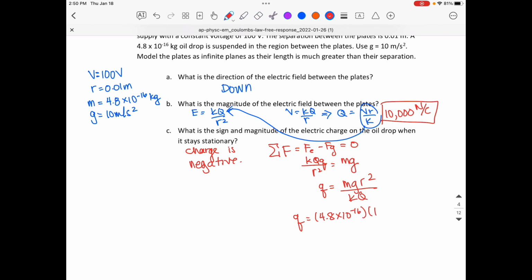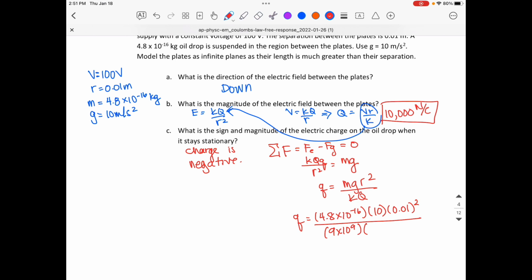Gravity is 10. The radius is 0.01 squared. K is 9 times 10 to the 9th. And then Q I can get from my VR over K.